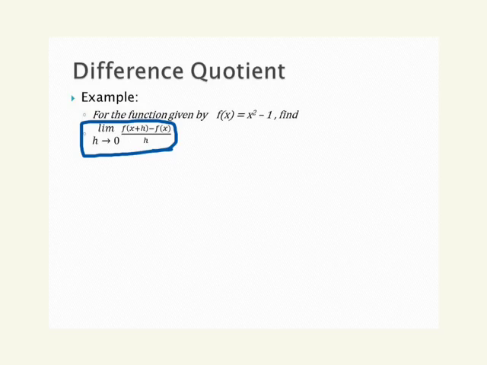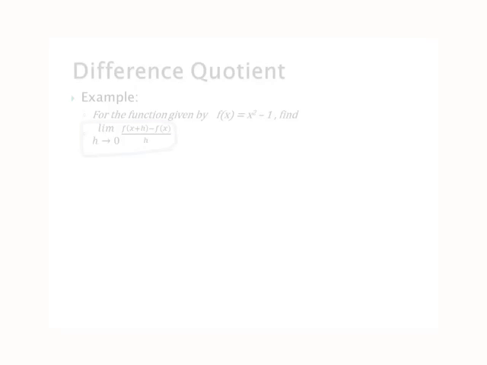So first off, let's just set this up algebraically. We're going to find the limit as h approaches 0 of f of x plus h. That means I need to take the quantity x plus h and plug it in for x.